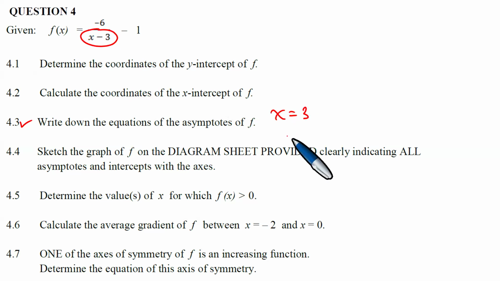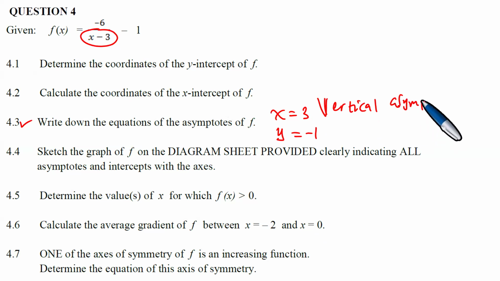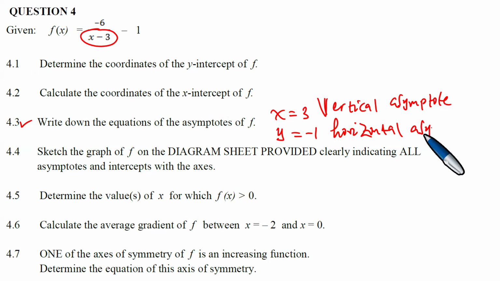They're x equals 3 and also y equals minus 1. This one is called the vertical asymptote. And this one is called the horizontal asymptote.